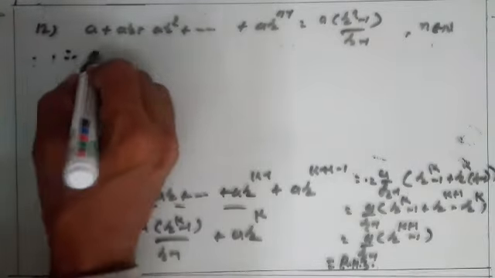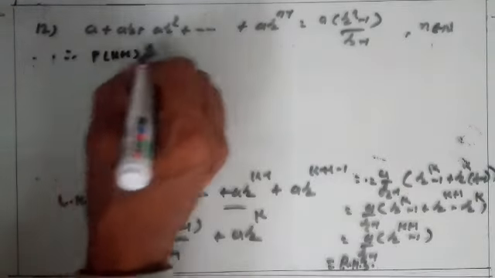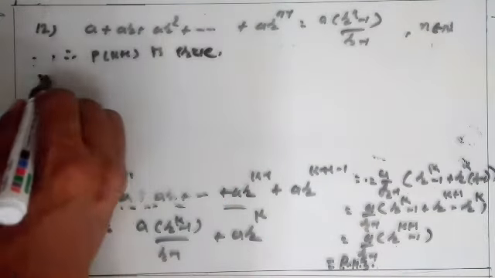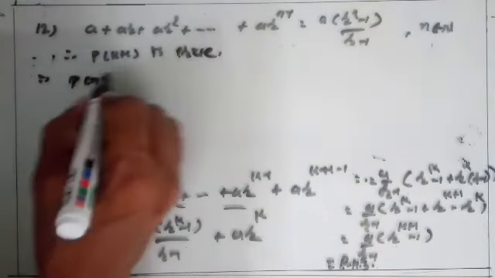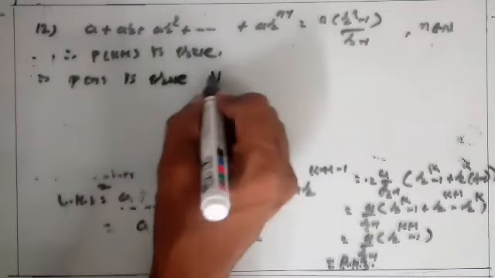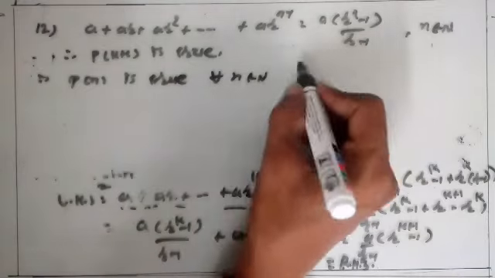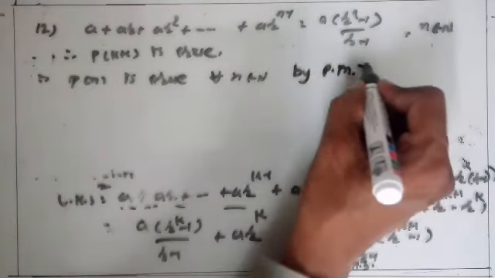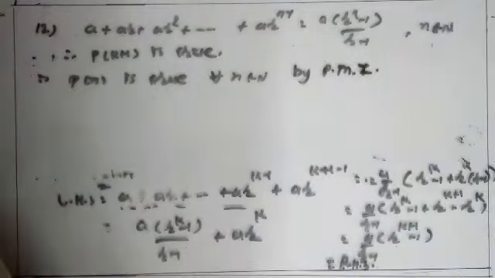Therefore, Pk+1 is true. So Pn is true for all n belonging to N by the principle of mathematical induction, PMI. Clear this?